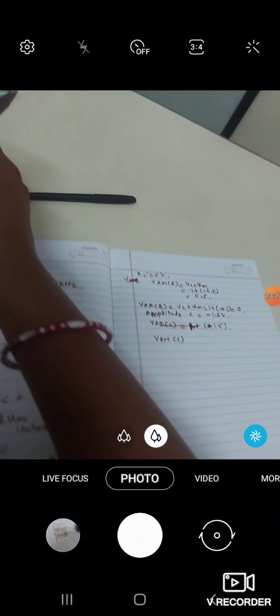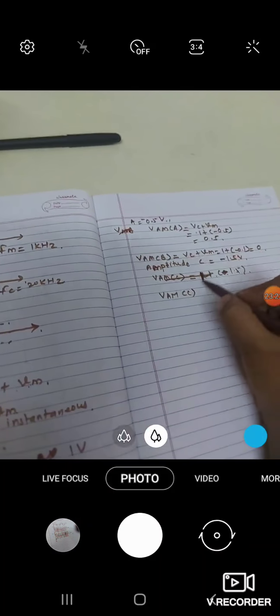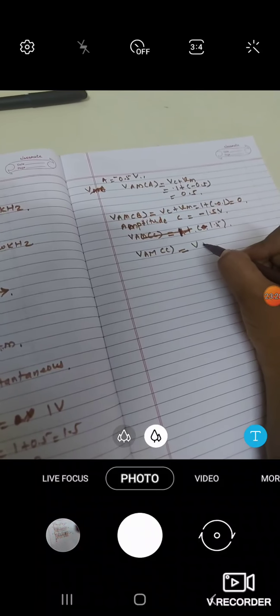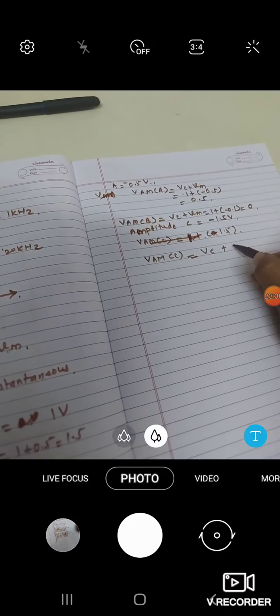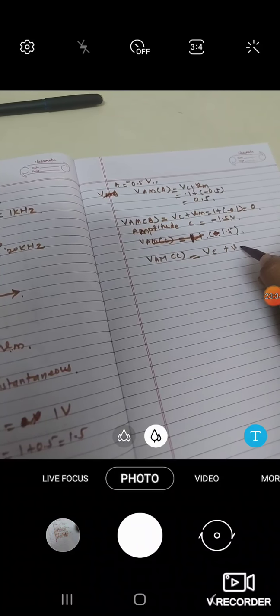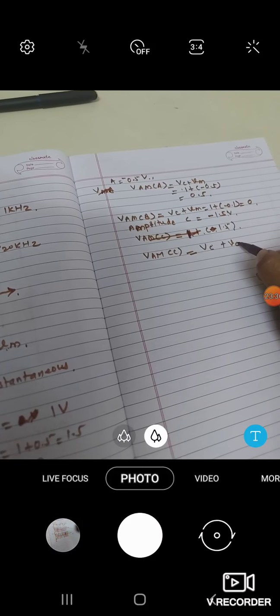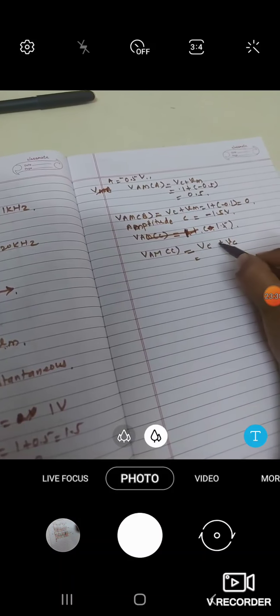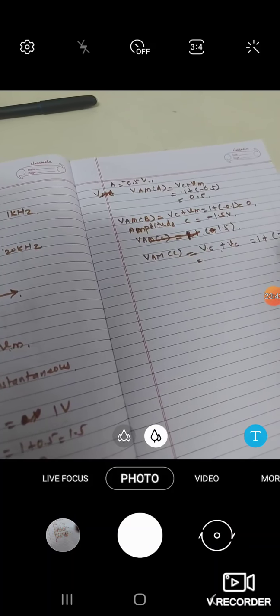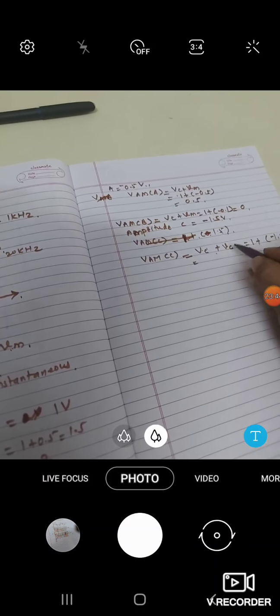Okay, so Vam at point C is equal to Vc plus the voltage of that modulating signal at point C. So what is here? Vc is equal to 1 plus, at point C what is its value, minus 1.5.